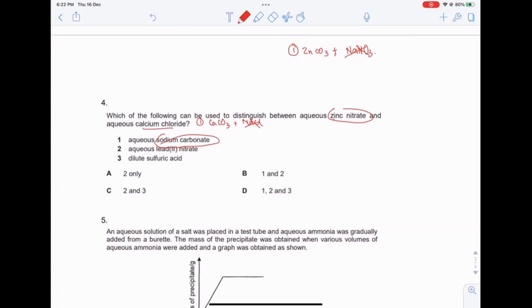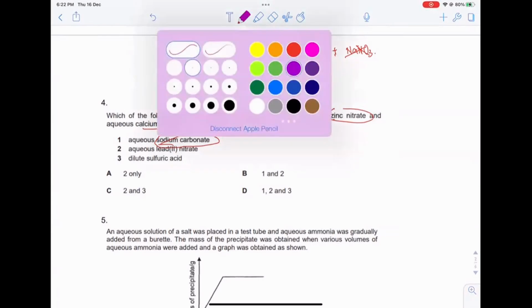So then I look at the other one, zinc carbonate. Zinc carbonate is insoluble because all carbonates are insoluble except for group 1, correct? The next one, calcium carbonate, also falls under that, so it's also insoluble. So can it help us to distinguish? No, it cannot.